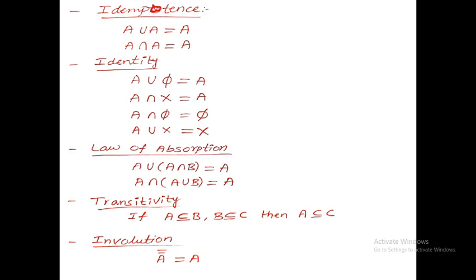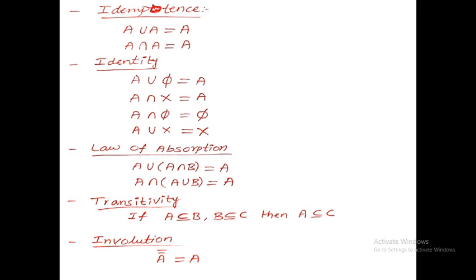If you see what is there in the bracket, A intersection B, let us assume A intersection B results in the common portion between set A and set B. That common portion is again unioned with A. So you will obviously get A only, because that intersect part is already part of A. That part of A unioned with A means the resultant will be A only.